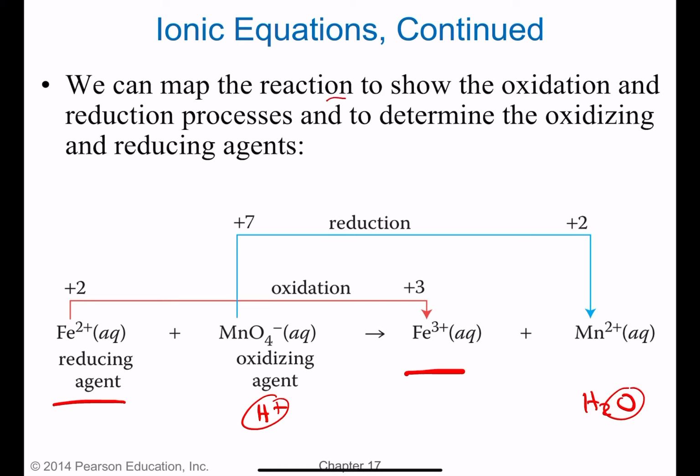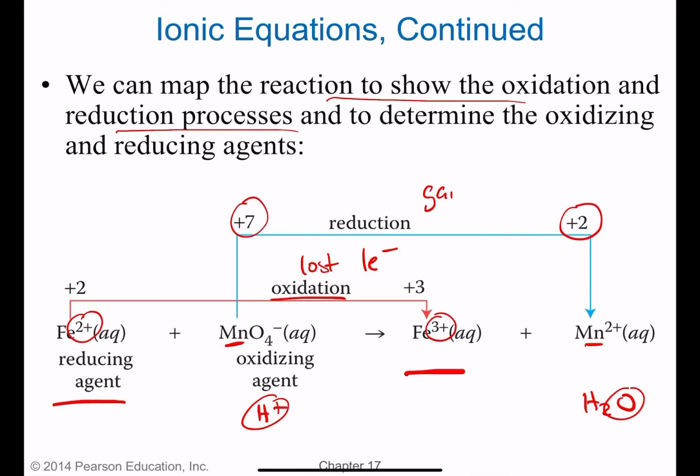But to map the reaction to show how everything happens, we have our little tie lines. So again, iron went from 2+ to 3+. That means it must have lost 1 electron, so we call it oxidation. And then the manganese went from +7 to +2, so it had to gain 5 electrons to do that. We call that reduction when it gains electrons.